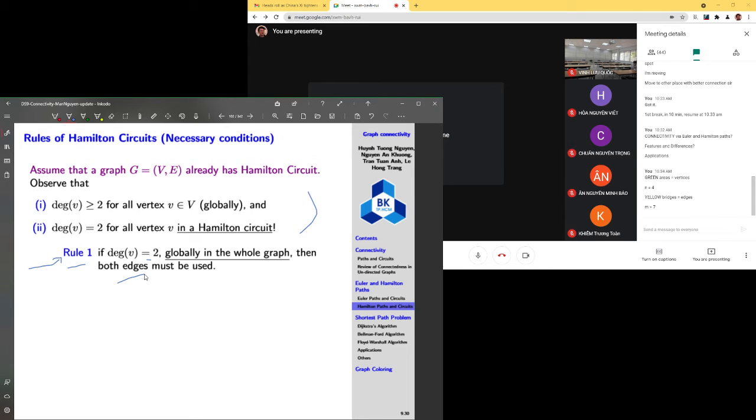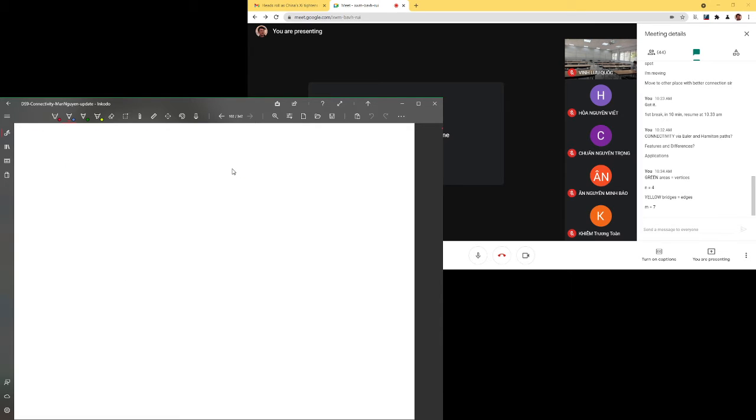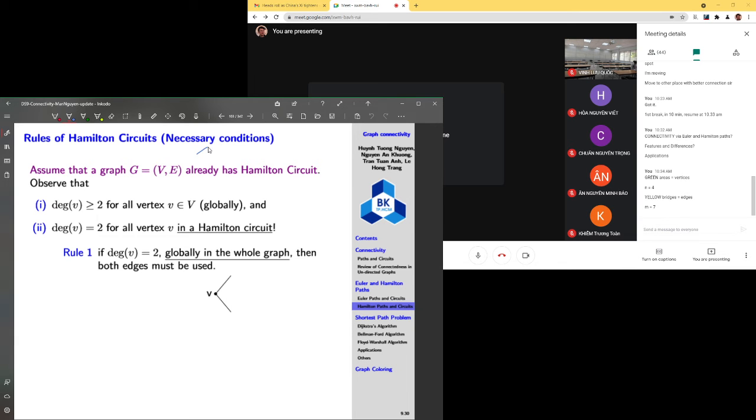Okay, that's clear, right? Because we employ the second condition here. All of the connections must be utilized in the Hamilton circuit. I mean, you don't have the necessary and sufficient condition the same, so we explore this one first, necessary first, then we design the rule.